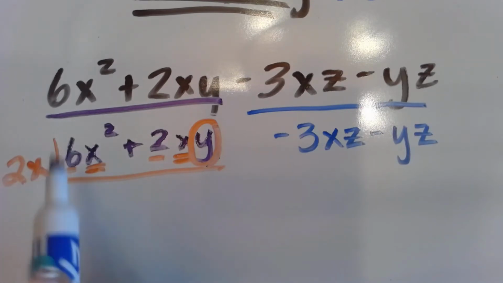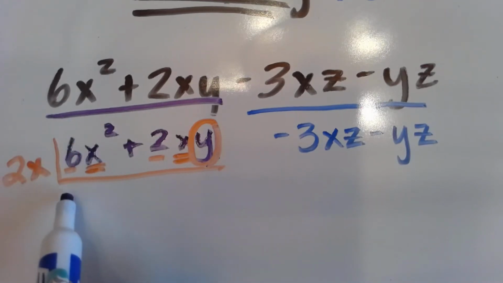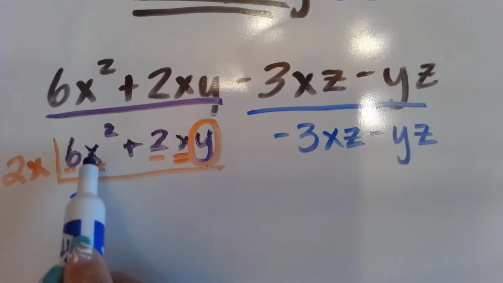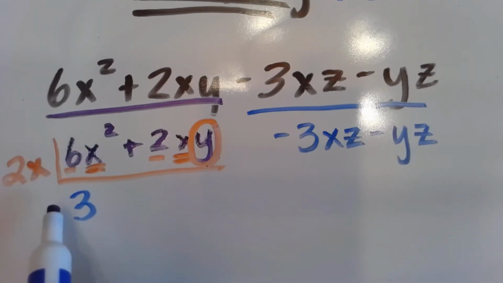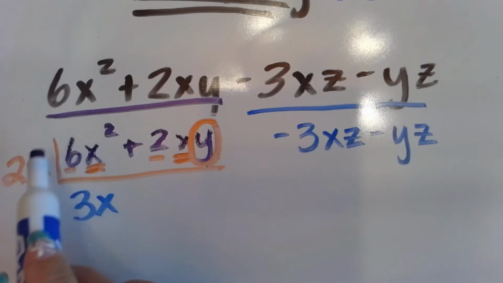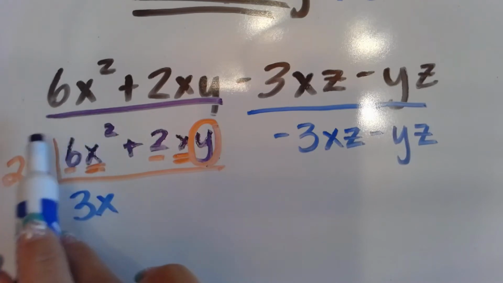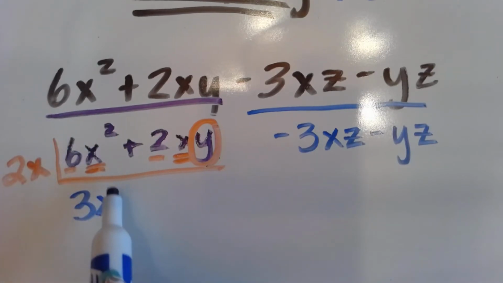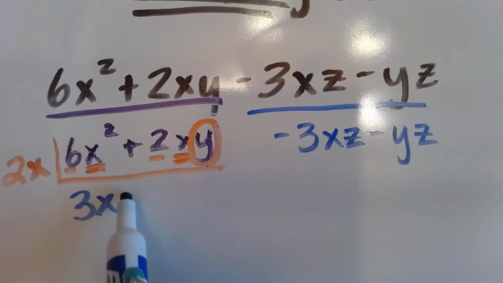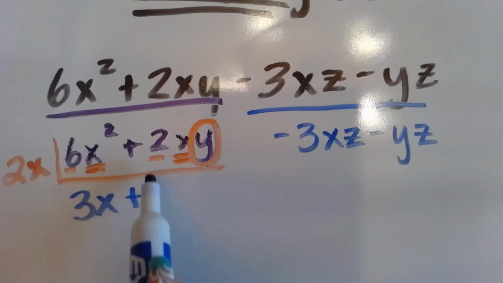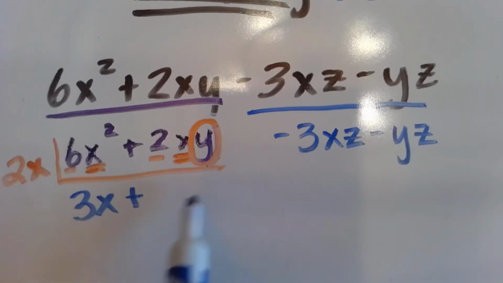So let's go ahead and divide and factor this out. 6 divided by 2 is 3. x squared divided by x is x, because we subtract our exponents. We know there's an imaginary 1, and we're essentially just pulling an x out. So 2 minus 1 is 1. You could write that imaginary 1, but I want to show you without all that. And then 2 divided by 2 is 1, plus that imaginary 1, but for this purpose let's not write it.